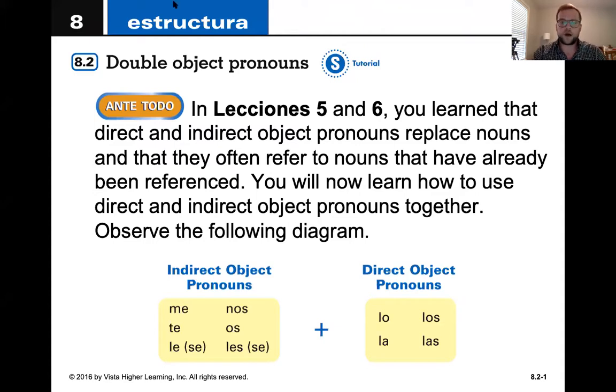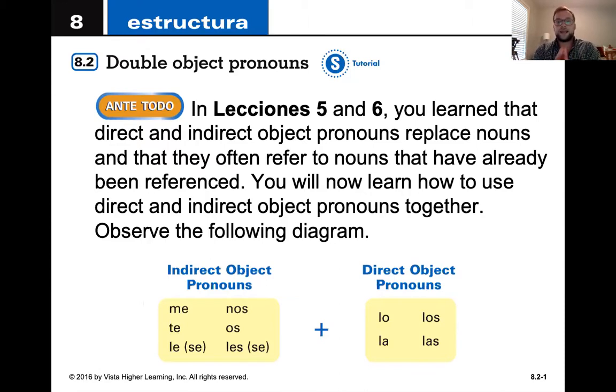Now, let's look at our diagram here. So here we have our indirect object pronouns, okay? Now, if you notice, there's a lot missing here, but the first and second person indirect object pronouns are the same as the first and second person direct object pronouns, okay? Because you can say things like, he brings me her, right? If you're talking about like a baby or something, right?